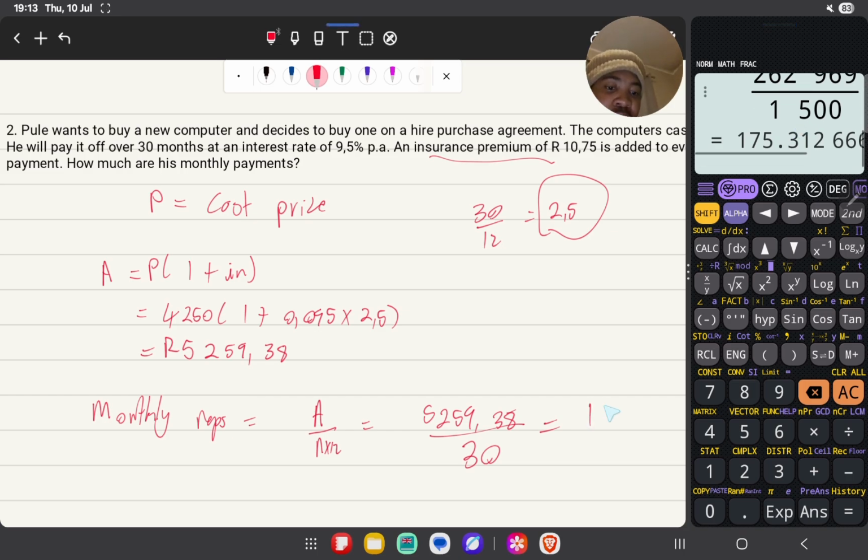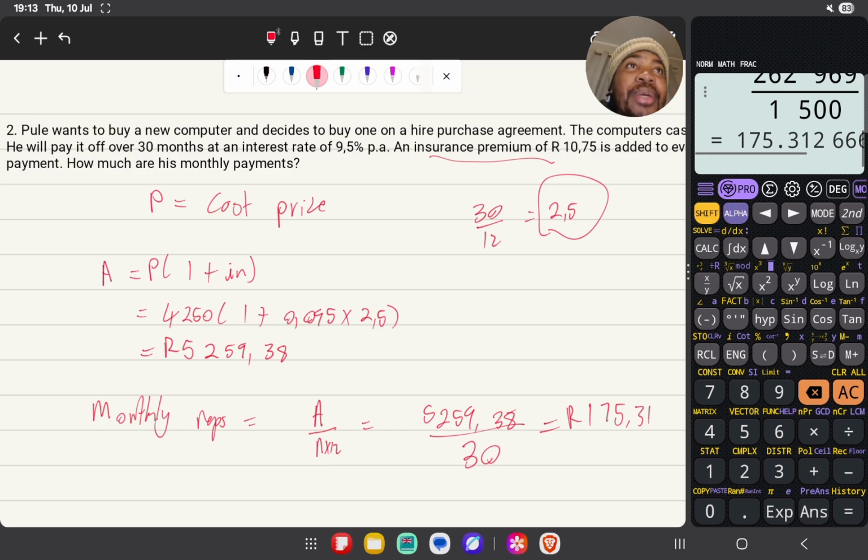And we are getting 175.31. This is how much our guy is paying. It's a lot of money, and it's not a lot of money. That's how much our dude is going to pay.